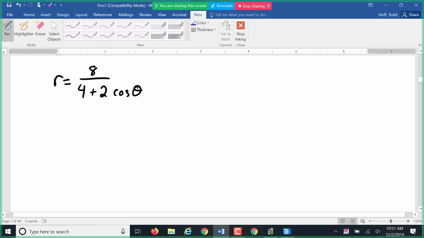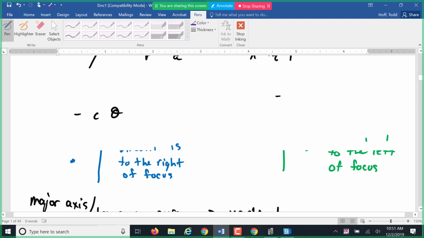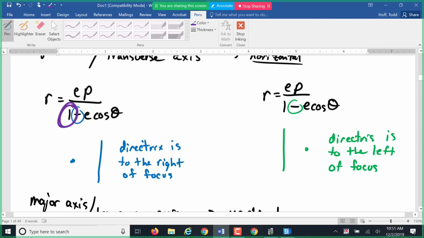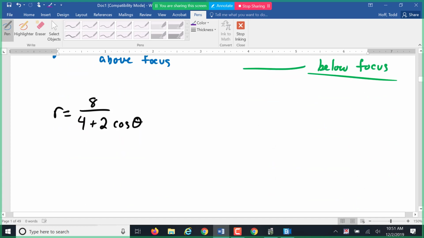The key to this form of equation for a conic, let's scroll back up here. You'll notice all of these had a 1 in that position. These two as well. So in this equation, I'm going to make that a 1 in that position.